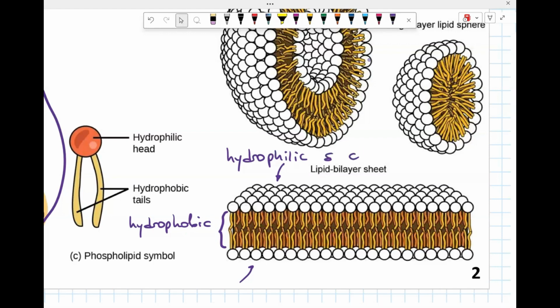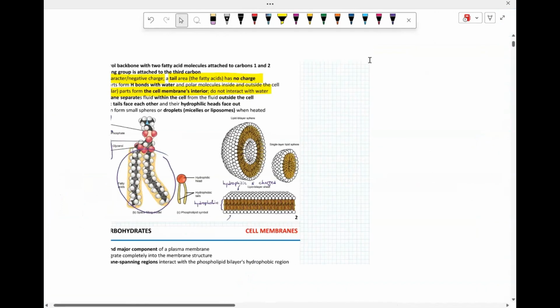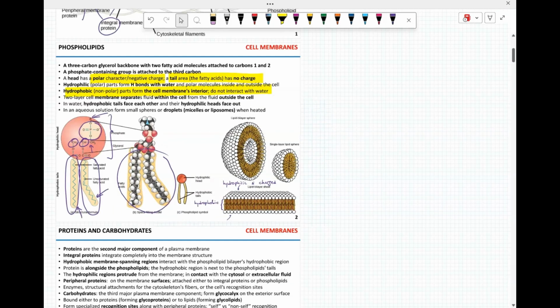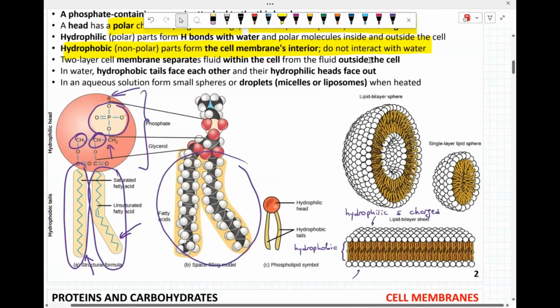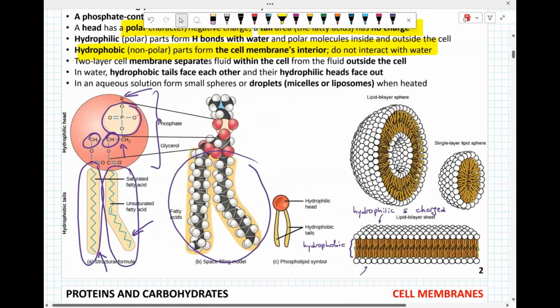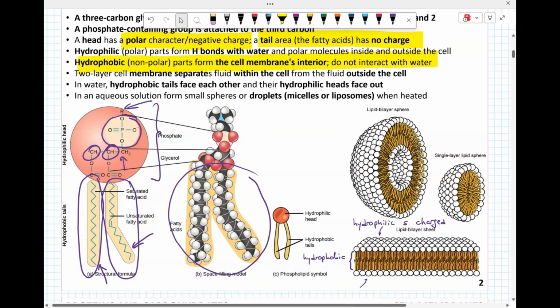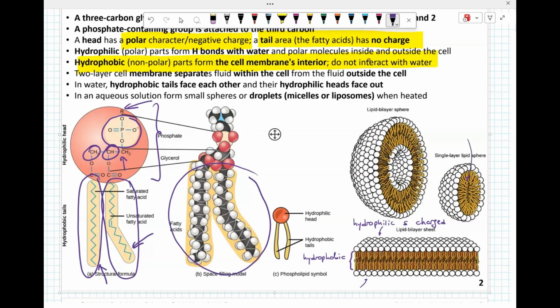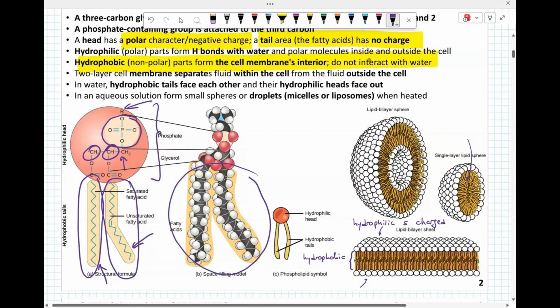Now, if you would arrange phospholipids so that the hydrophobic parts would face each other, they can form a structure known as a micelle.